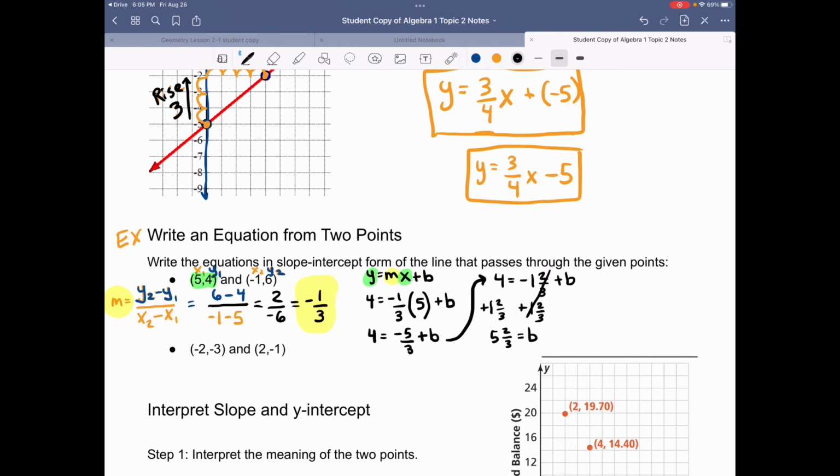I need to know that because I have to know the y-intercept and I have to know the slope to be able to write an equation in slope-intercept form. Okay, so that's our b. We're going to now plug those in. Lots of steps. So this is one step.